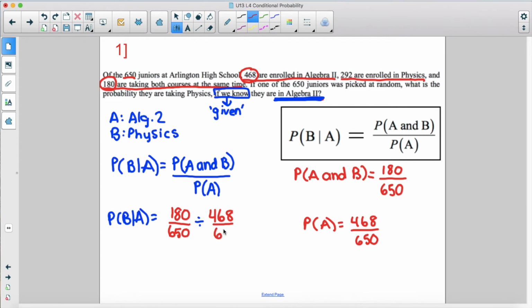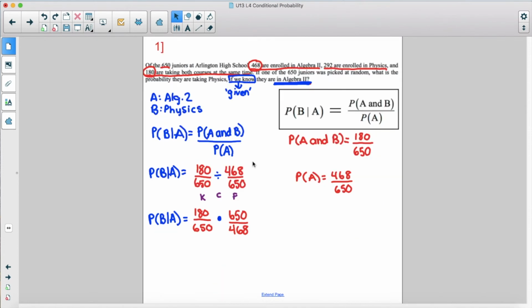So I write the two here. This is A and B, this is A. So this stays as is, so 180 over 650. The division changes to multiplication, and we flip this last one to give us 650 over 468. And this is equal to the probability of B given A.